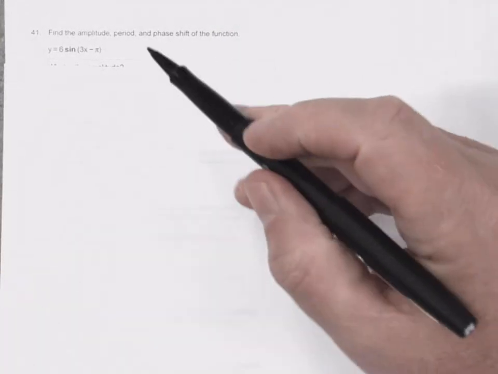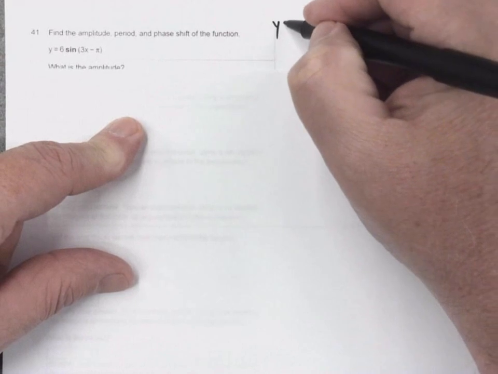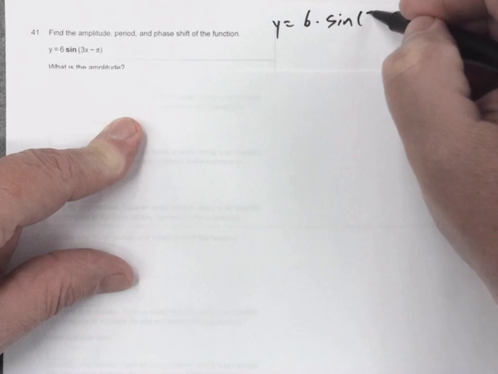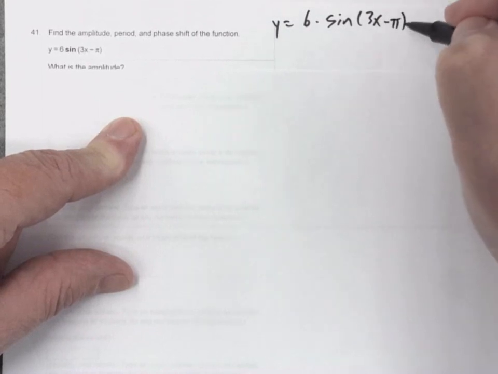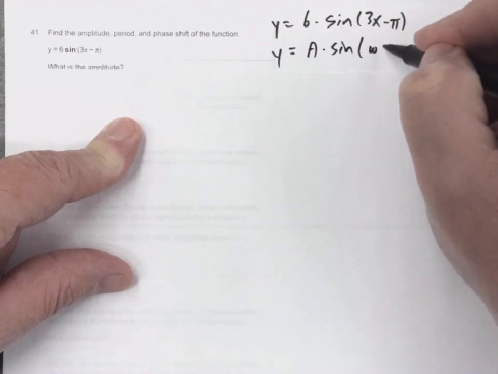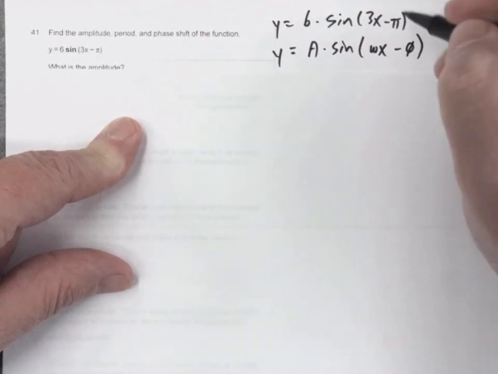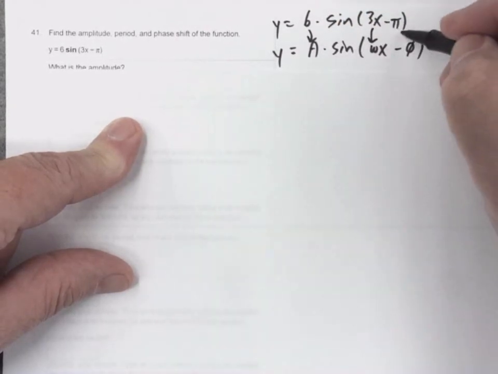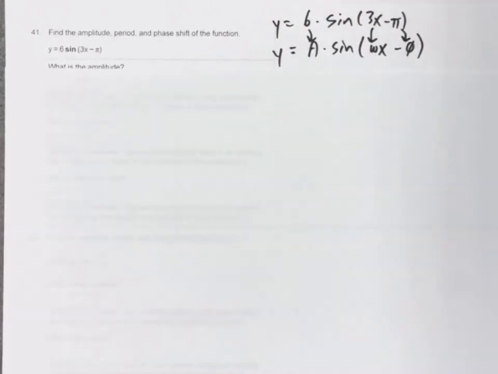Let's look at the next one. Now the next one, we look at it, there is going to be a phase shift now. So let's just write this out to make it clear. So here's my trig equation. Here's the standard. So you can see once again A is going to be 6, omega is going to be 3, phi is going to be pi.